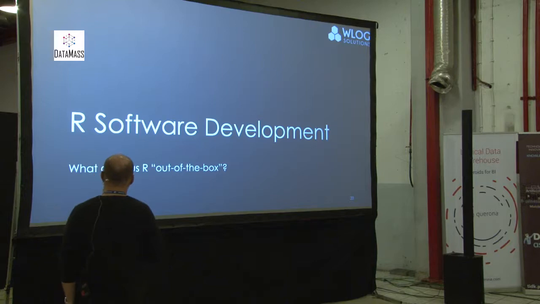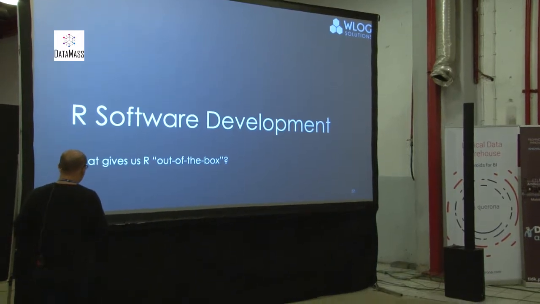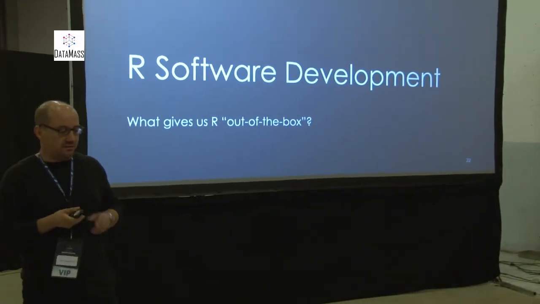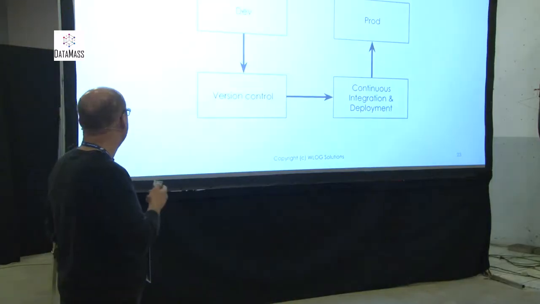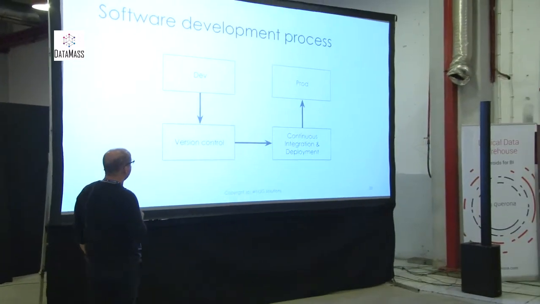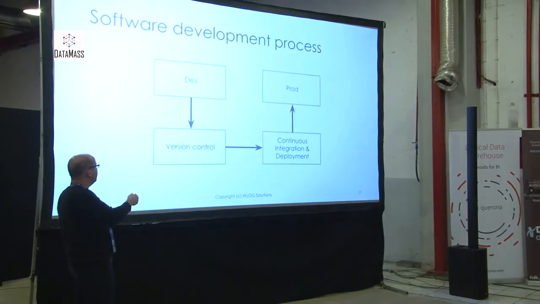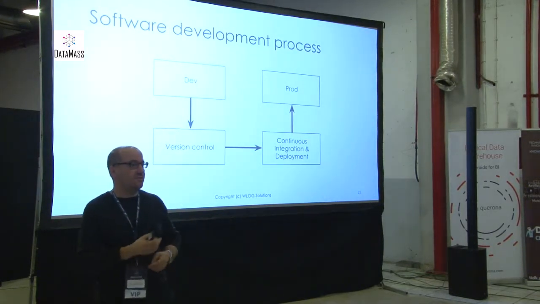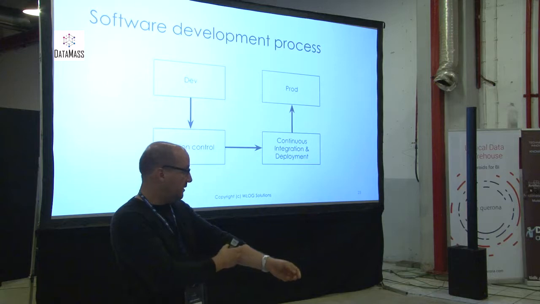Okay, so as I said before, R out of the box doesn't give you much, but it still gives you something. What kind of software development process am I talking about? This is a development environment, where you are playing with your new ideas.